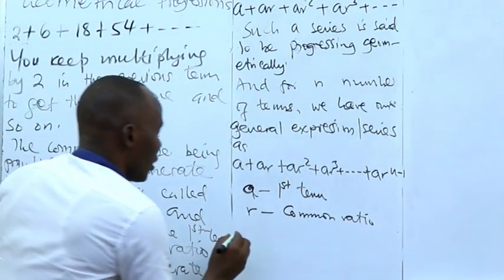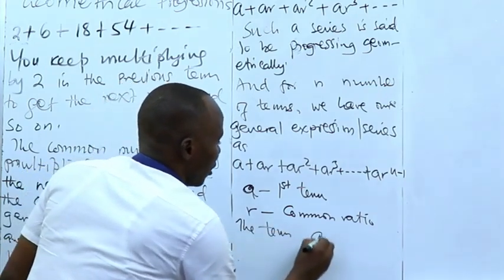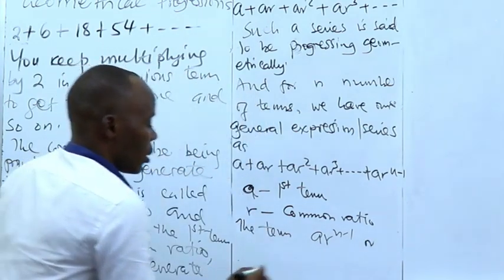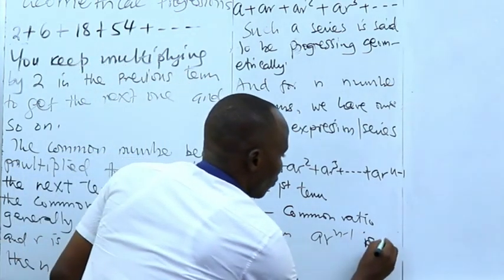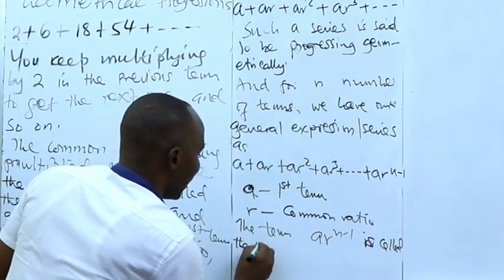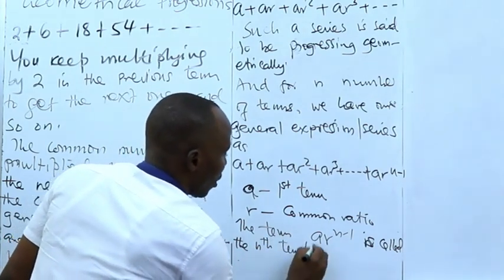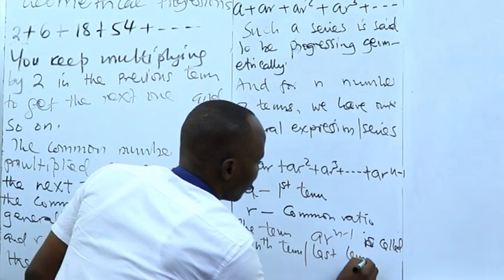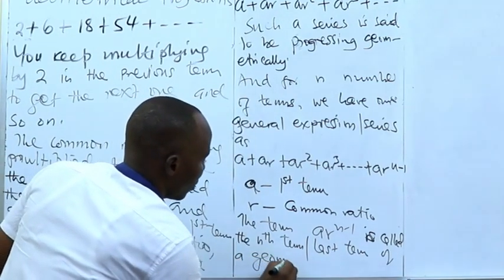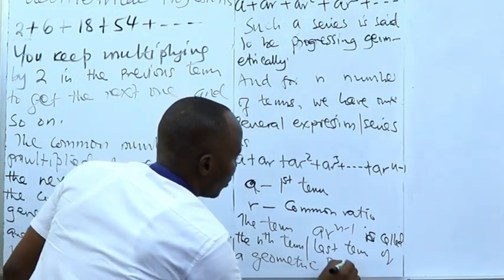Then the term AR to the power n minus 1 is called the nth term, or last term, of a geometric progression.